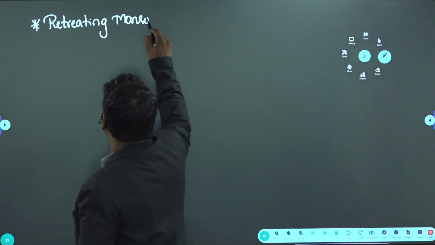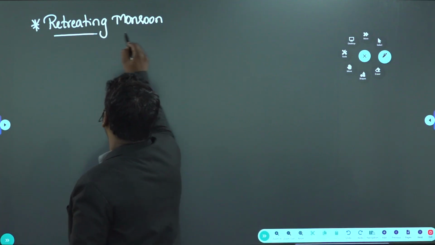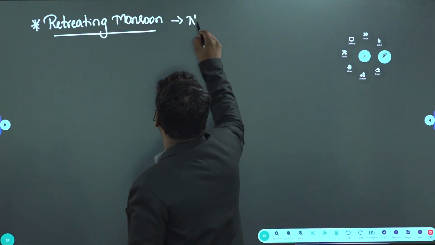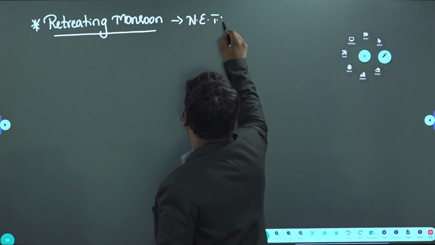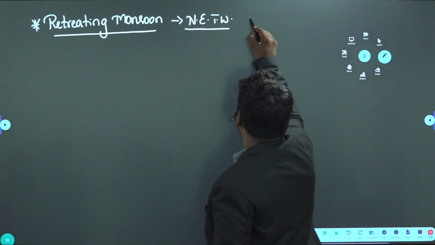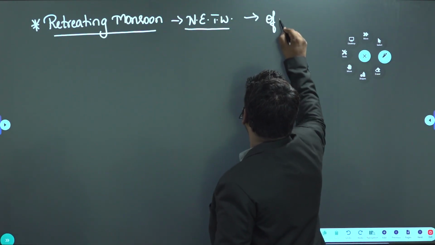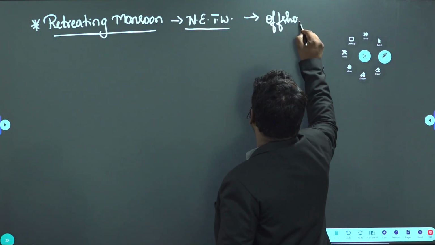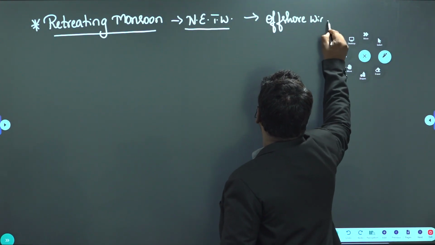Retreating monsoon is associated with northeast trade winds, and most of it is offshore winds.